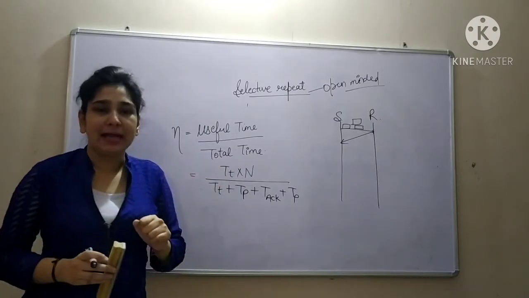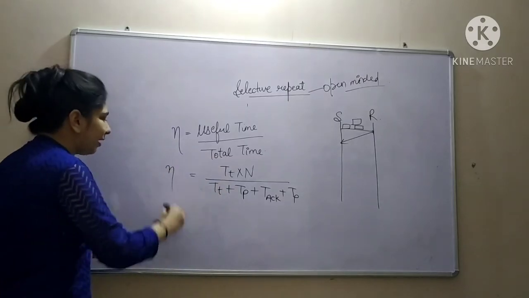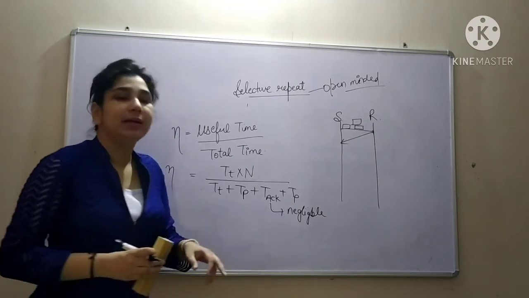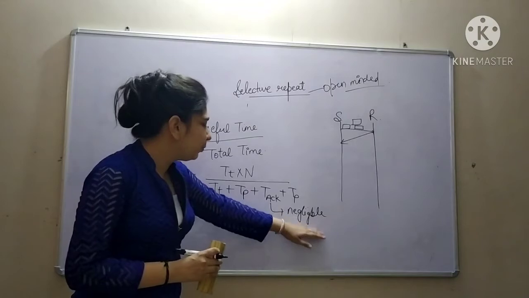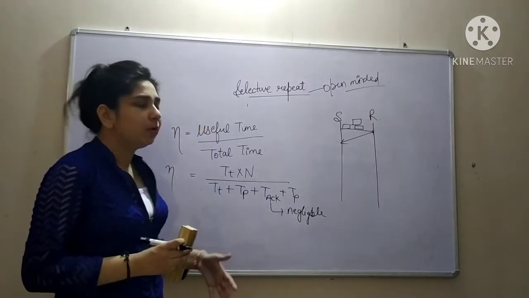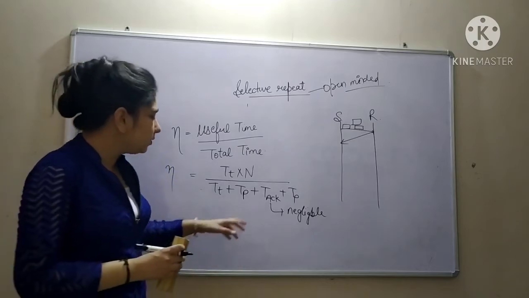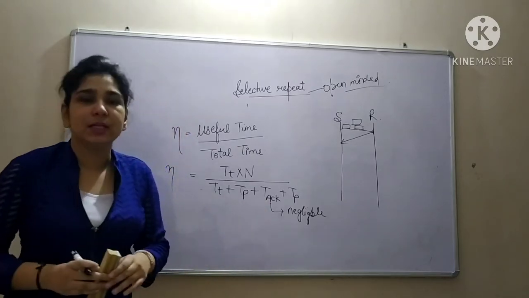That is actually n into TT. So it is equivalent to efficiency. We can ignore the acknowledgement time, it is going to be negligible. In some of the questions it is considered, but in most problems we consider it as negligible.